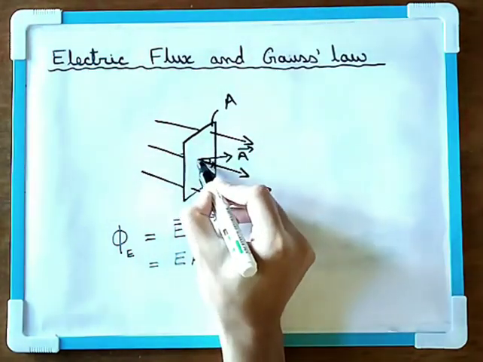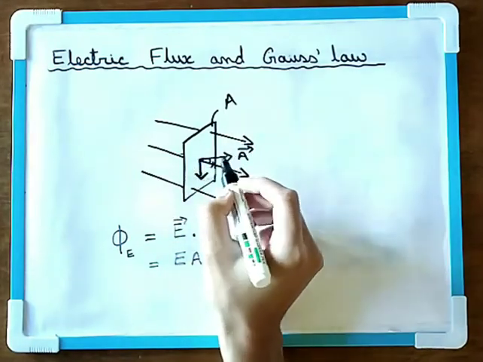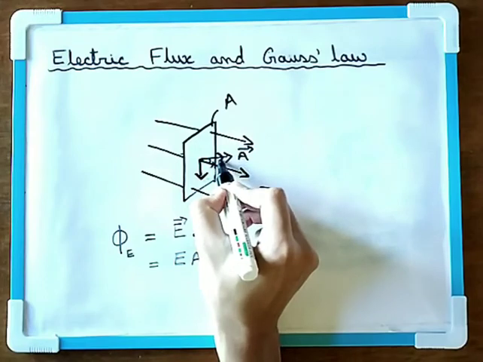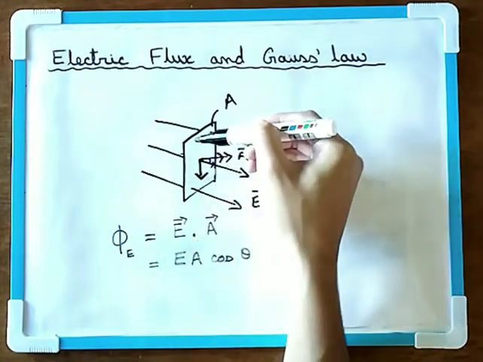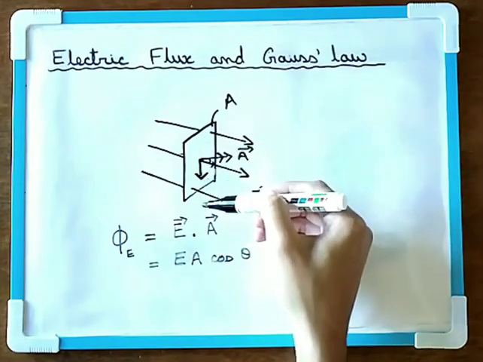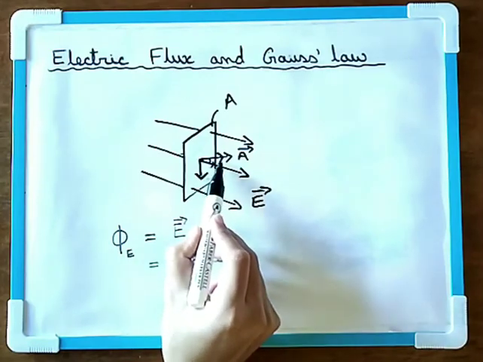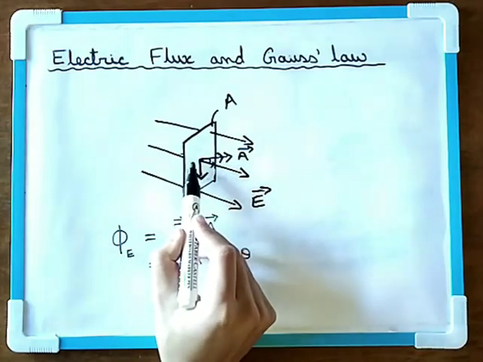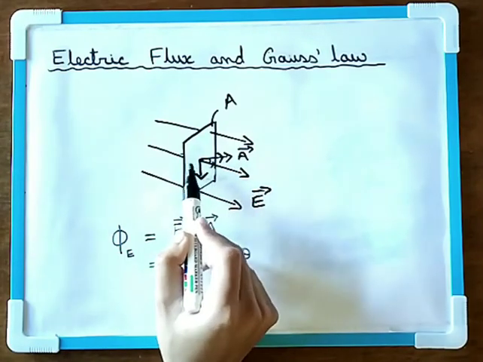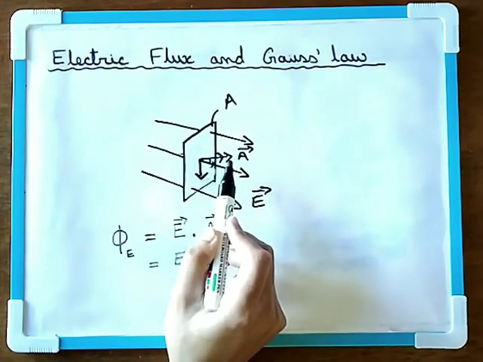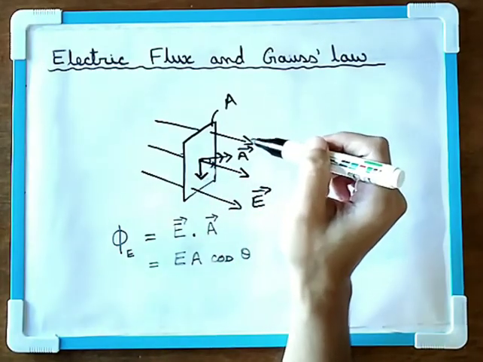So here we have E. This is along the surface, and another one is here, which is in the direction of the surface. And this component is neglected because this one does not cross the area, and you'll only have to take this component here, which is in the direction of the area vector A. So only this component which crosses the surface area A is taken to be measured as the electric flux.